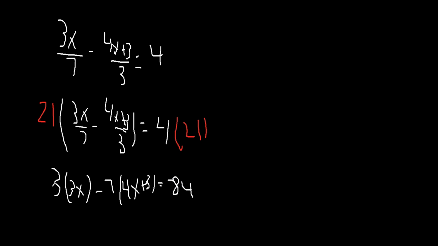So now we can use the distributive property to expand this and continue to solve our equation. So 3 times 3x is 9x. And we have negative 7 times 4x plus 3, which is negative 28x, because that's negative 4x times negative 7, and negative 7 times positive 3 is negative 21.